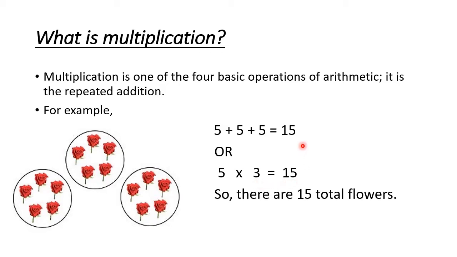You can see by addition we have the answer 15 and by multiplication we have the same answer 15. So there are 15 total flowers. In this way we can say that multiplication is repeated addition. So instead of doing long addition, we can simply find our answer by simple multiplication.